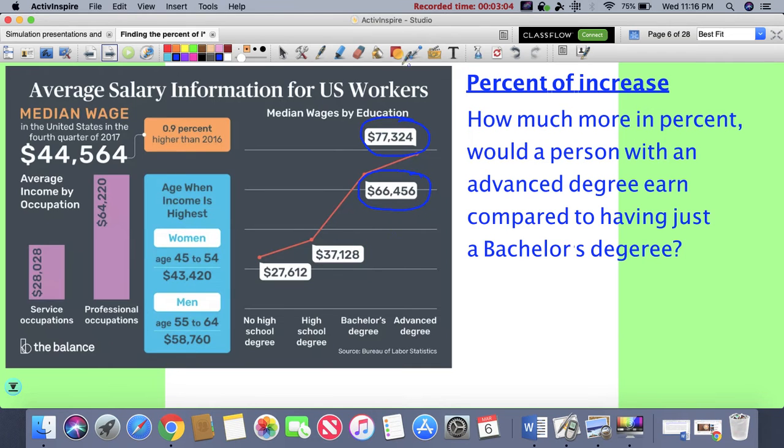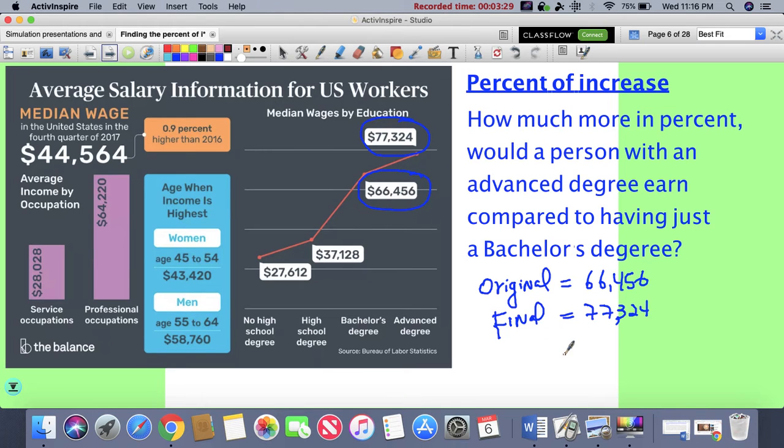So again, what we can do is figure out which one's the original. So in this case, who's the original? And who's the final, right? So the original one is going to be 66,456. The final one is going to be 77,324.